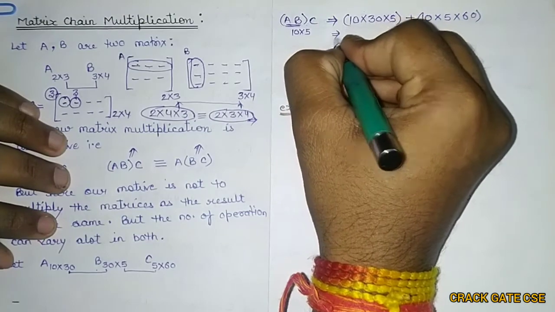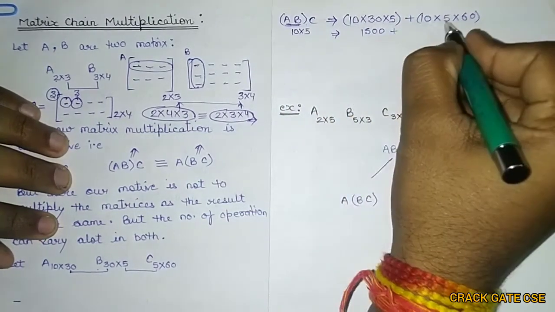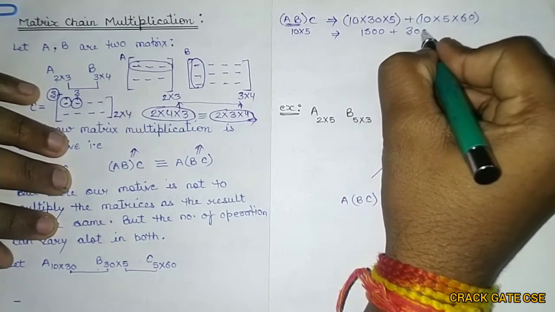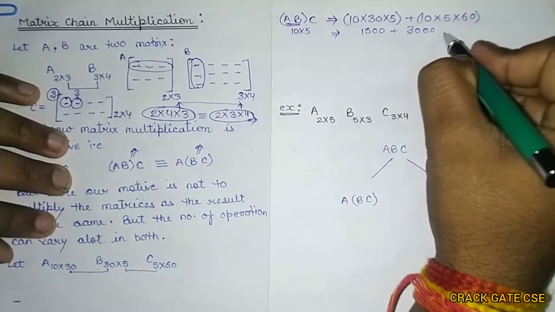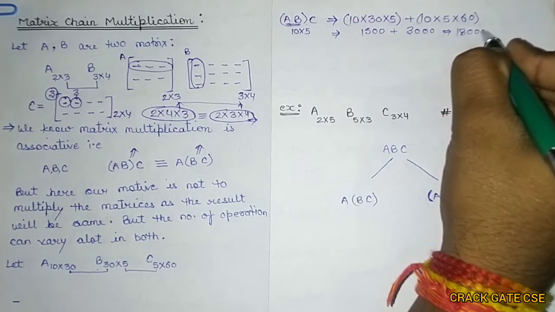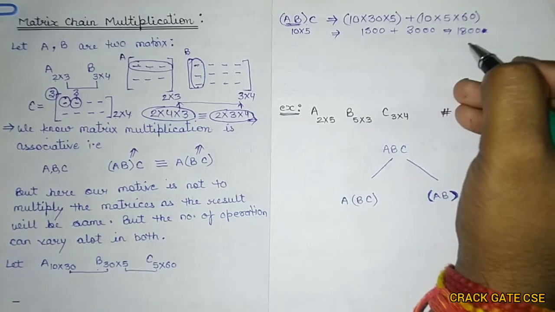So what will be the value? It will be 1500 plus 3000, right? I think yes, I wrote the same. So it will be 4500. Sorry, 4500.